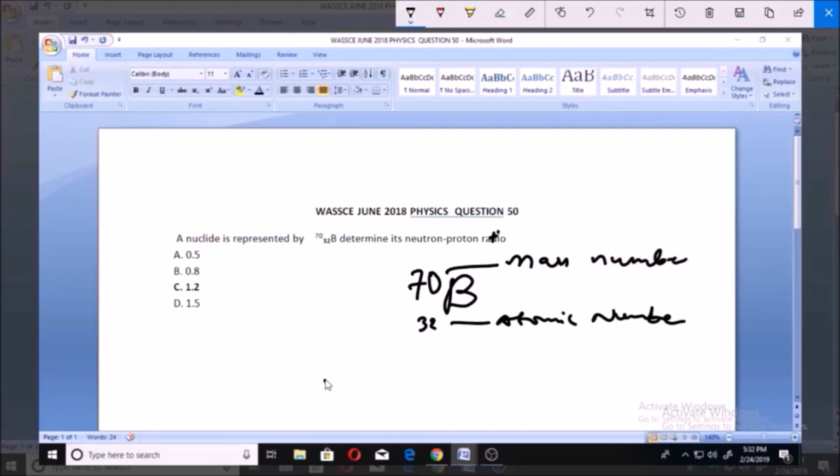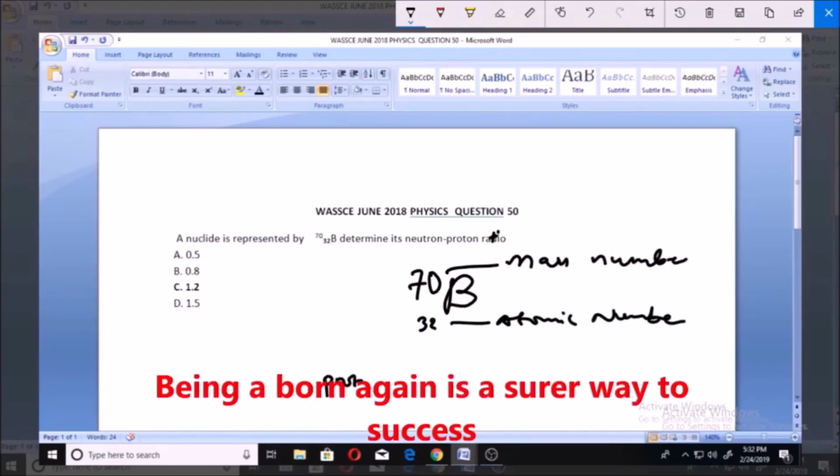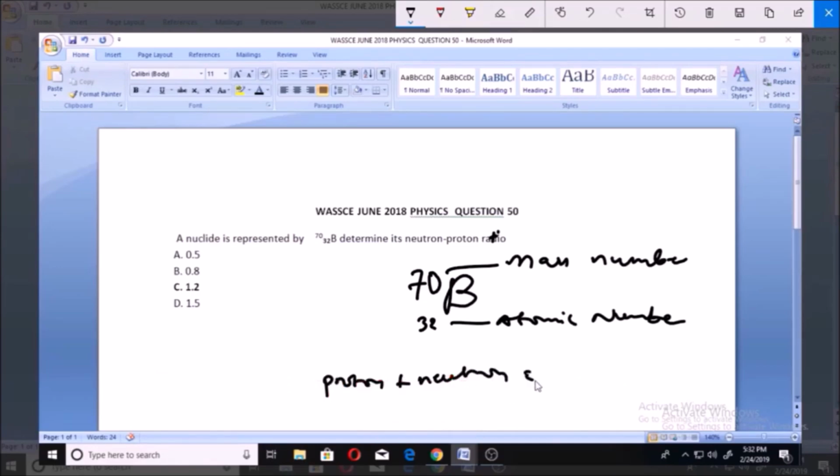But we know that the number of protons plus the number of neutrons is equal to the mass number, whereas the number of protons alone is the atomic number.